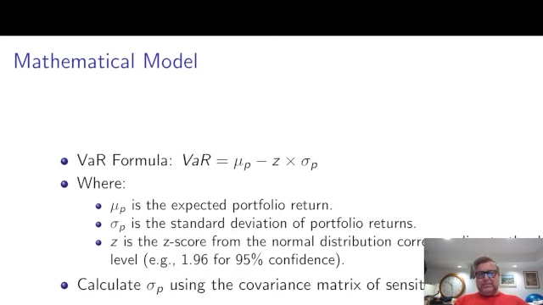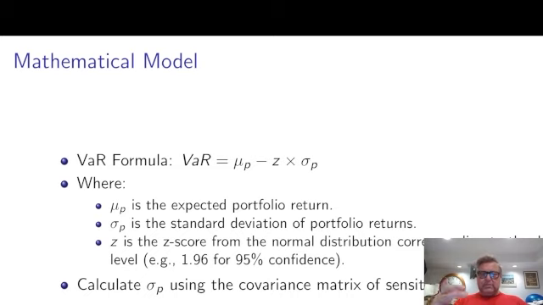So for example, if you want a 95% confidence level, you would take Z as 1.96, and there are tables you can look up for 99% or 99.99% confidence level, but probably you don't go lower than 95%. So the VaR formula is then the expected return minus Z times the standard deviation of the portfolio returns.